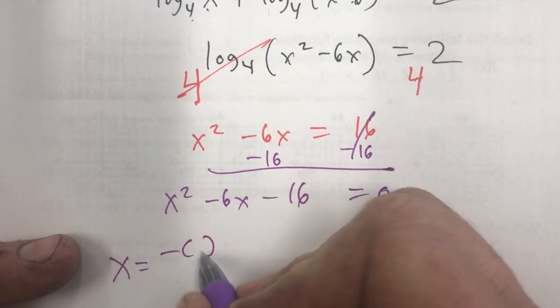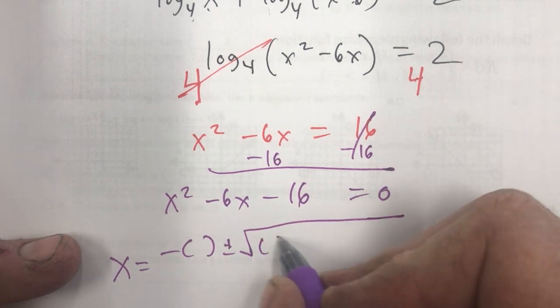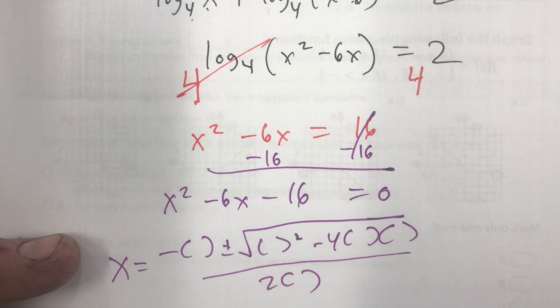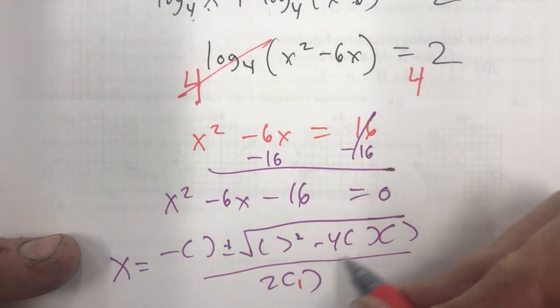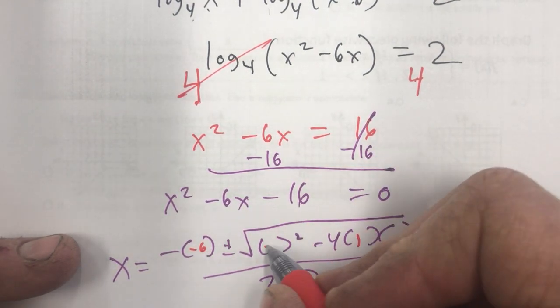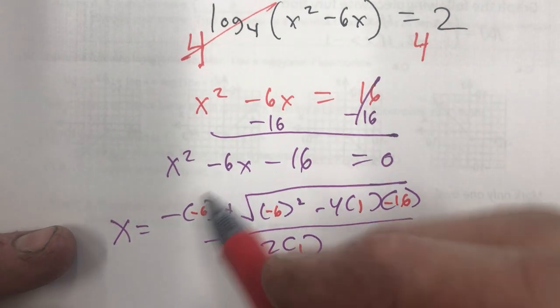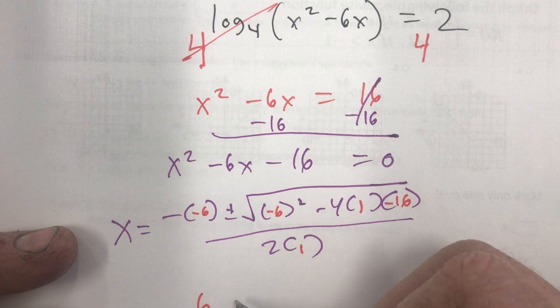x equals negative b plus or minus the square root of b squared minus 4ac, all over 2a. Remember, a is 1, so it goes here and here. My b is negative 6. C is negative 16. Alright, so I got a positive 6.